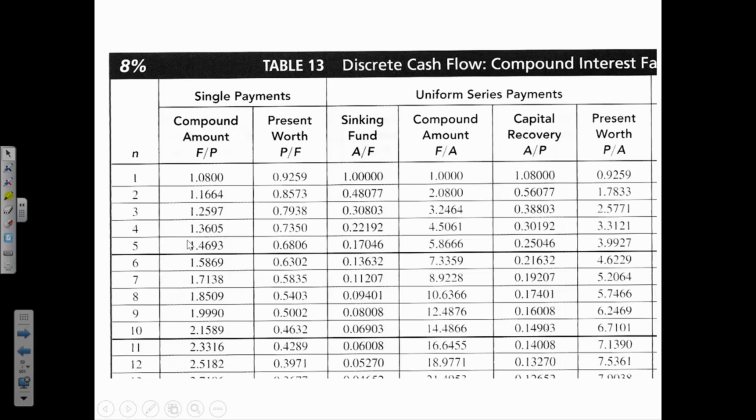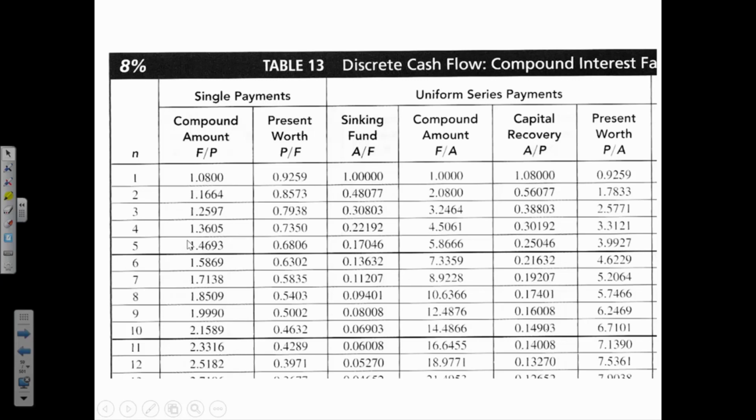So if the amount is getting bigger in the future, you'd expect this ratio to be greater than 1. And it is. The ratio of the future amount to the present amount is, for 1 year, 1.08. And that makes sense. If it's 8% interest, then that future amount is going to be 1.08 times as big as the present amount.